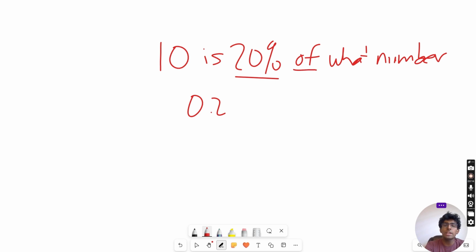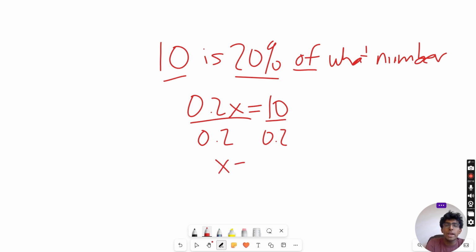And then "of" we can do as if it's x. 0.2 of a number x equals 10. 10 is 20% of x. So 0.2x equals 10. To solve for x, it's just a one-step equation. You're dividing by 0.2. So x would be 100 over 2. You can move the decimal place over and add an extra 0. So you'd get 50 as your answer. So 10 is 20% of 50, which does make sense.